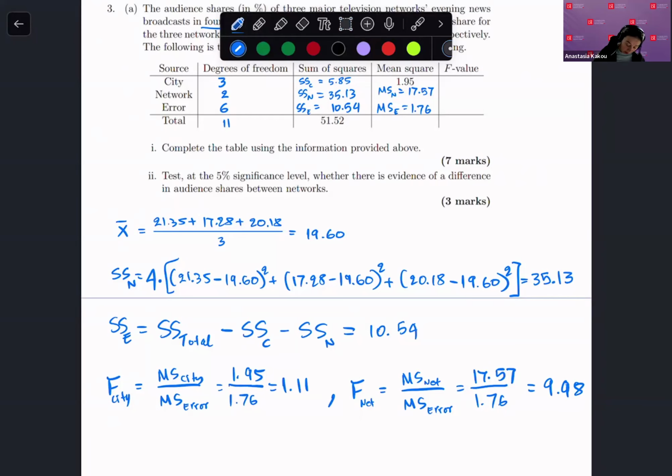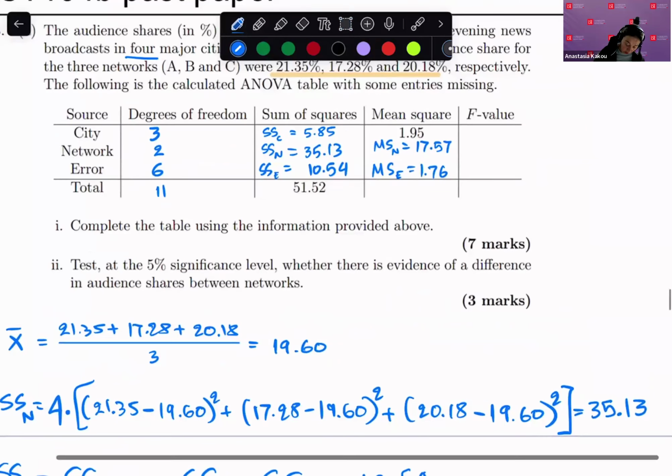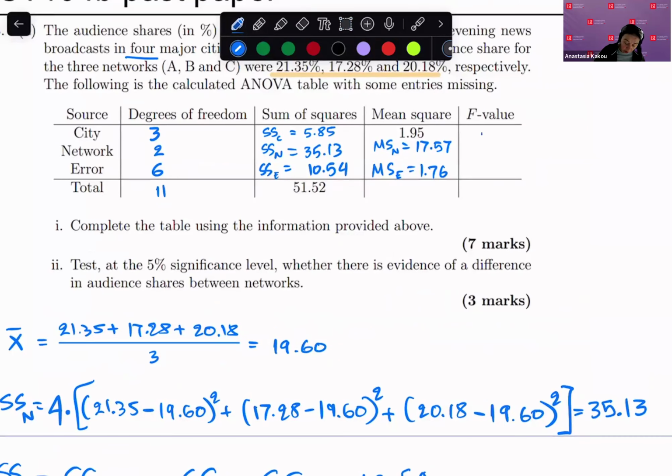Let's add those into the table: 1.11 for the city and 9.98 for the network.